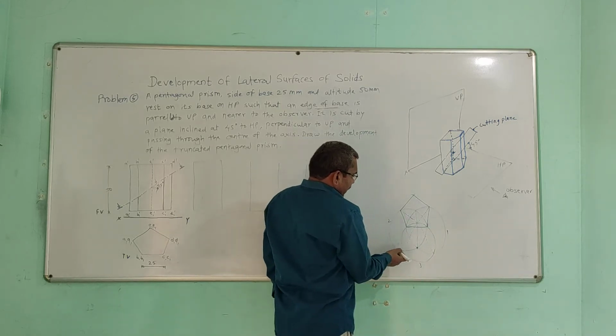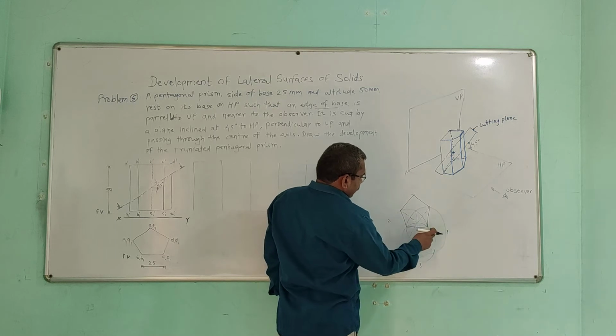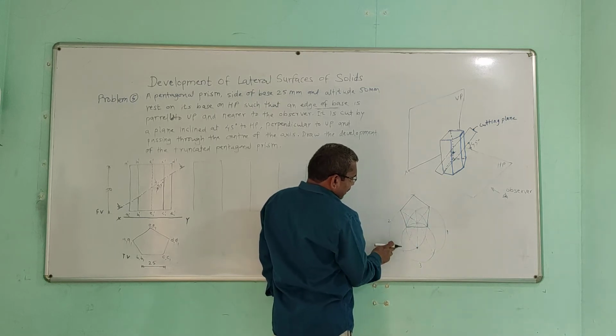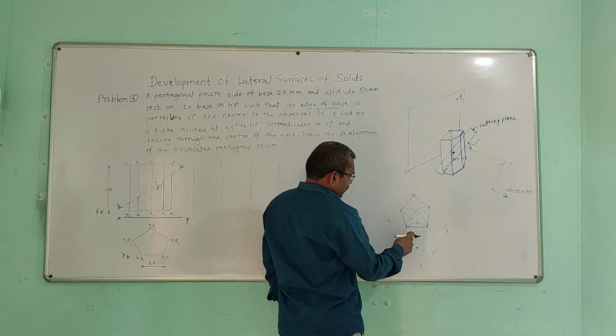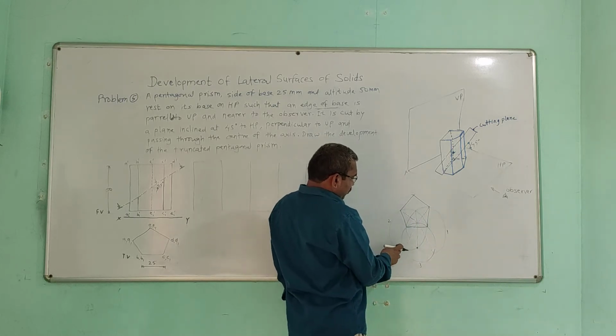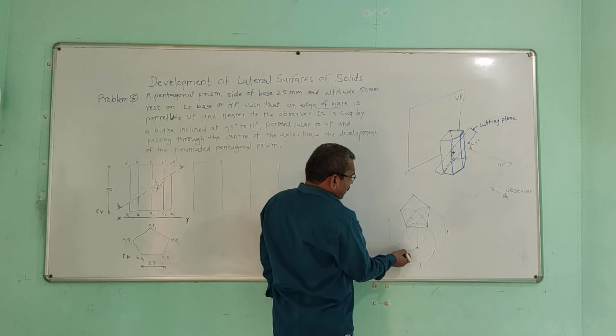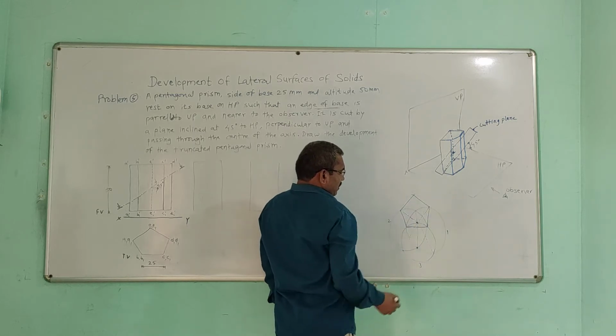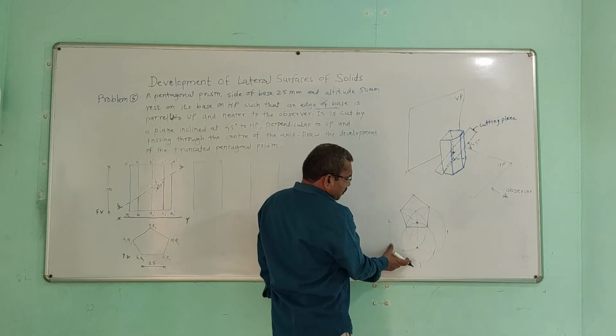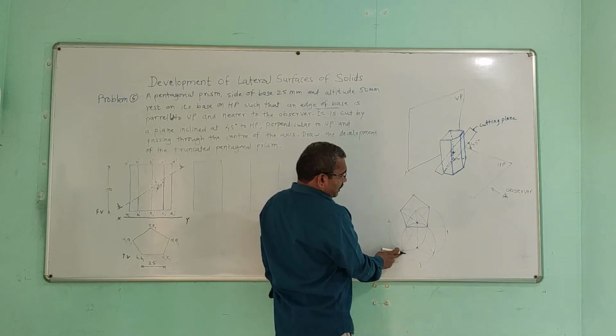Then the intersection of circle number 2 and 3, select this point and draw a line passing through this point, intersecting circle number 1. So the intersection of circles 2 and 3 is this point.